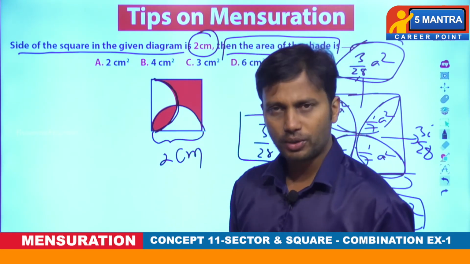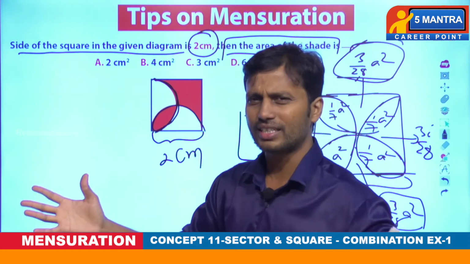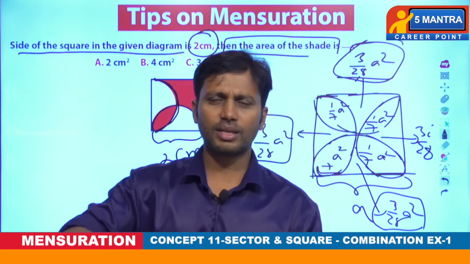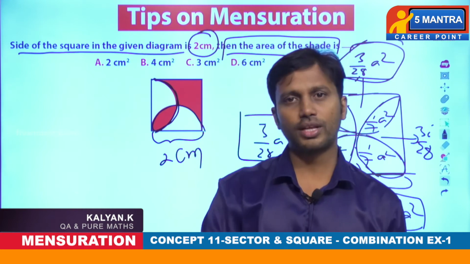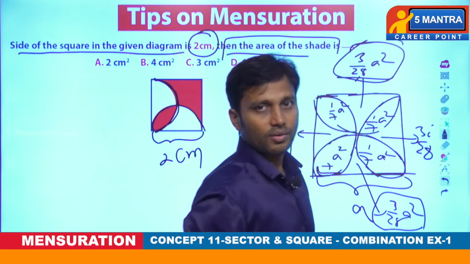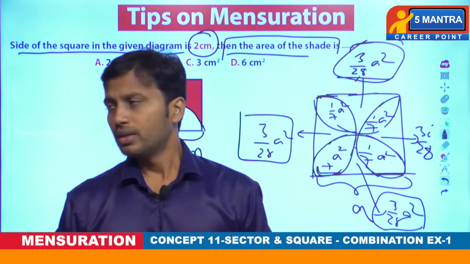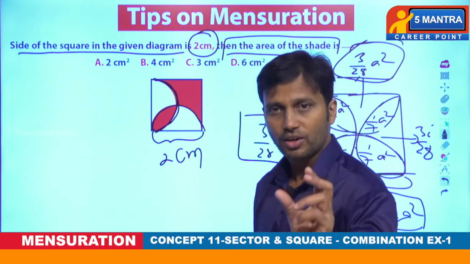A lot of students will do it like this: first they will find out this semicircle, then this semicircle, they'll take the intersection of that, then they add something else, they do a lot of process. You don't need to undergo all that process if you have this major analysis with you. Okay, so here we have the major analysis. Here this is one petal of the flower or not?